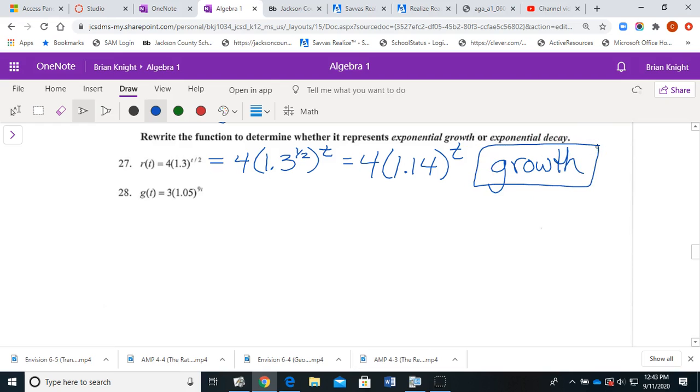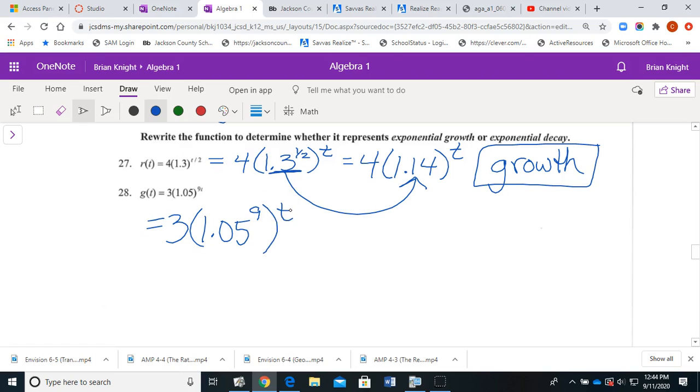I put this in my calculator. It gives you that number. Is that number more than 1 or less than 1? So it's growth. But before you can do that, you've got to get the t by itself out there as an exponent. So here, this is going to equal 3 times 1.05 to the 9th power on the inside, t on the outside.